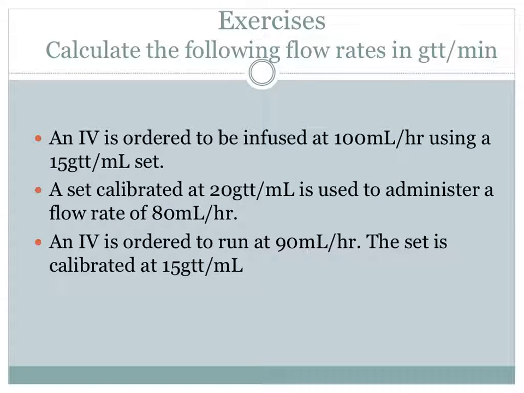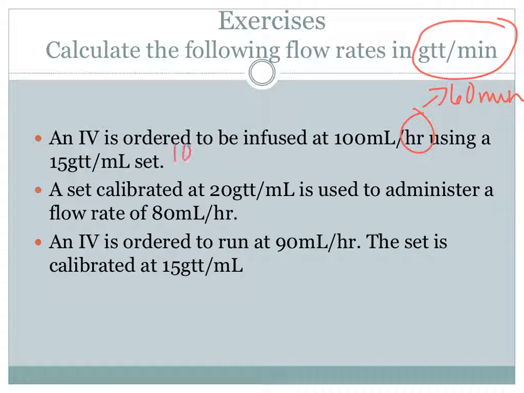Okay, here are some exercises to calculate the flow rates in drops per minute utilizing the process we just went over. We will give you the answers after you pause and calculate them out. Okay, for all three of them, remember to convert the hour to 60 minutes.